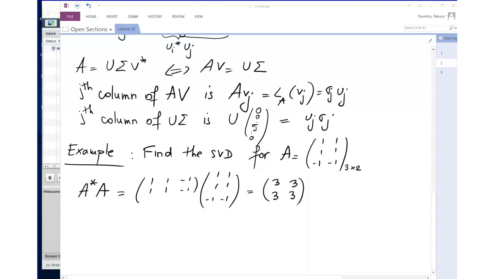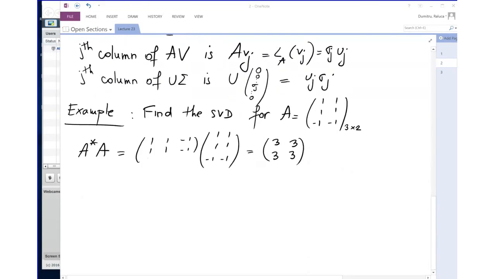So I want to find the eigenvalues of A star A. So I need to look at the characteristic polynomial of that matrix. So the determinant of 3 minus t, 3, 3, 3 minus t.